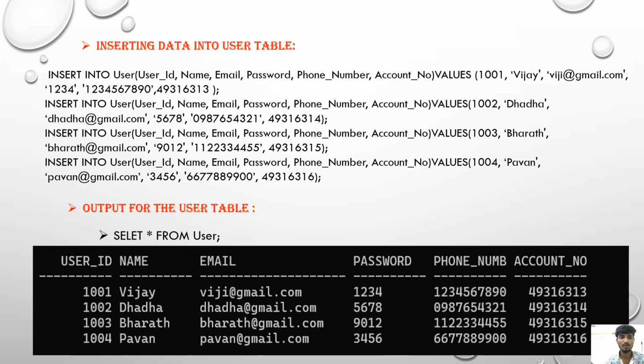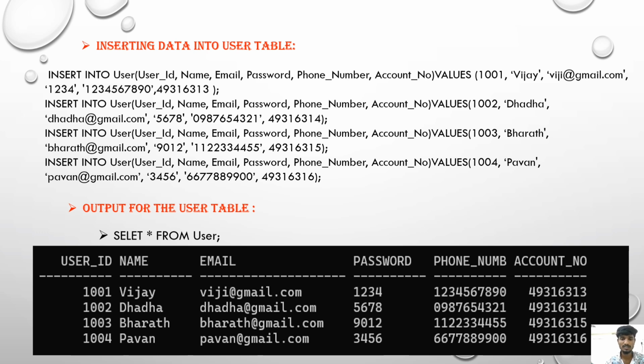I refer it from the account table in this user table. It will connect, otherwise it won't work. If you give the same number that you gave in the account table, it will work; if you give a different number, it won't refer from the account table and it will show an error.